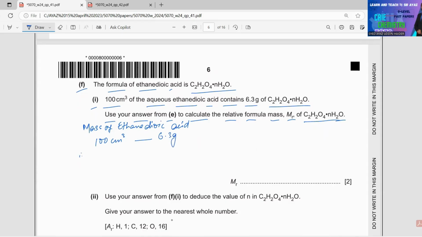Therefore, 1000 centimeter cube contains X grams. So X becomes 6.3 multiplied by 1000 and divided by 100. So you will get 63 grams. So these 63 grams are in 0.5 moles.